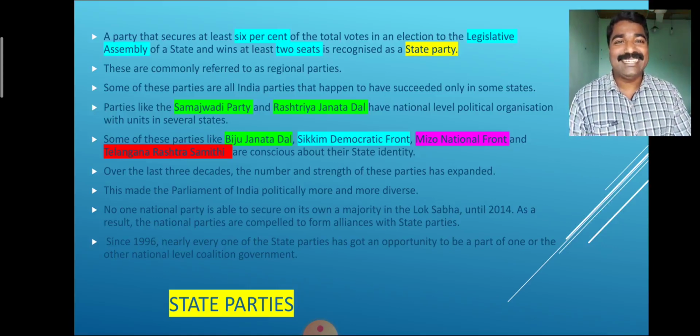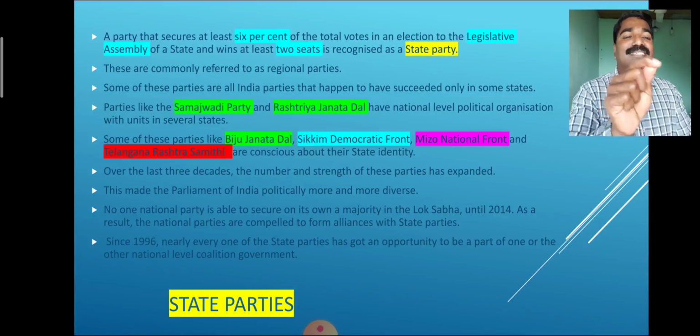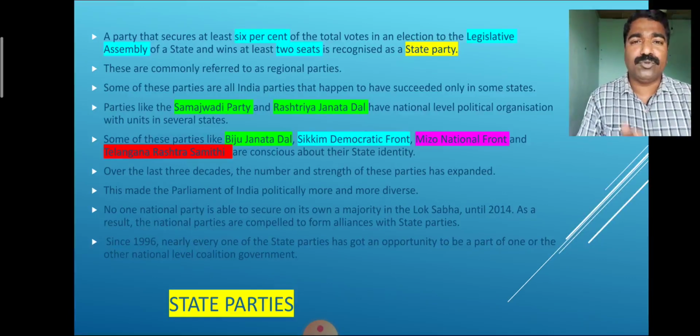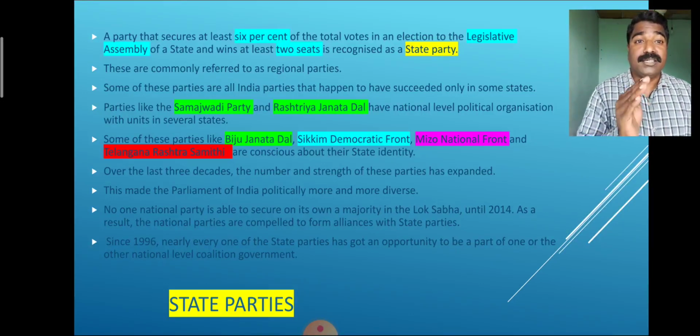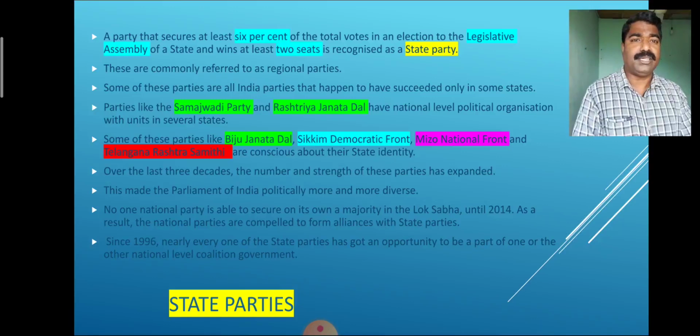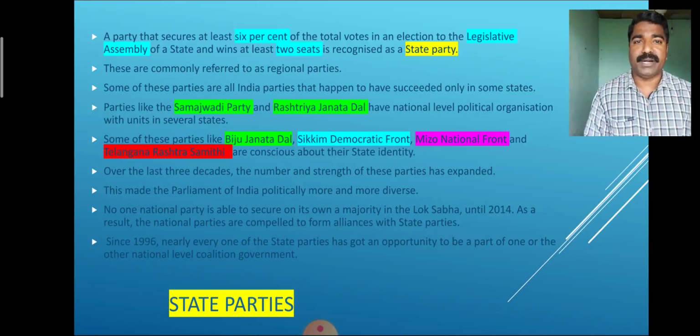As a result, the national parties are compelled to form alliances with the state parties. You can see that up to 2014, no national party got a single majority. Therefore, they have to make alliances with the state parties.